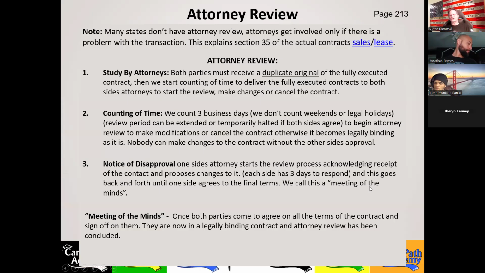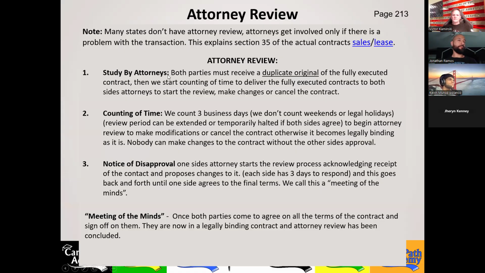All right, this is what attorney review looks like in the contracts. Many states do not have attorney review. Attorneys only get involved if there's a problem in the transaction. This explains Section 35 of the actual sales contracts and lease contracts. Section 35 is the attorney review clause.